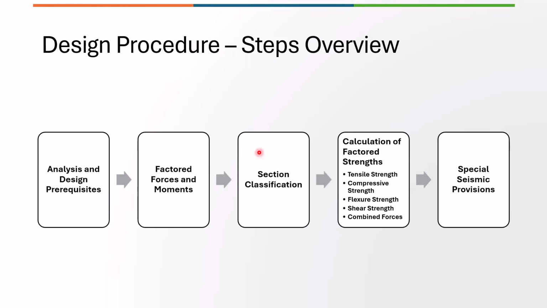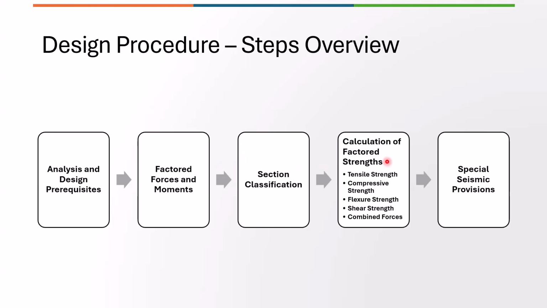And then the design procedure goes through certain steps. So from the analysis and design prerequisites, it will obtain effective length factors, forces from the analysis results, right? And then it adds the section classification, and then factored strengths of the members or cross sections, right?